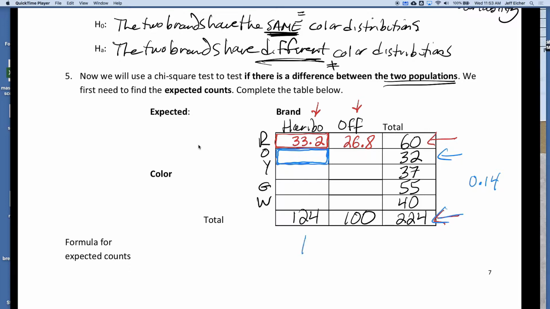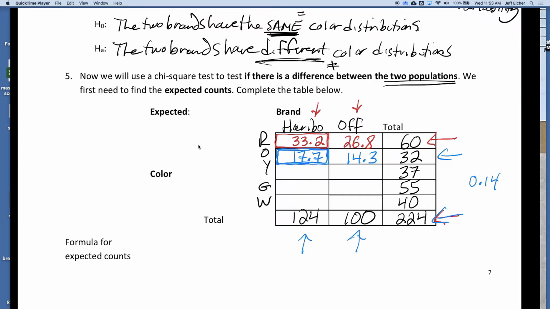You would expect 14% orange in Haribo and 14% orange in the off-brand. So 32 divided by 224 times 124 is 17.7 for Haribo, and 32 divided by 224 times 100 is 14.3 for orange.